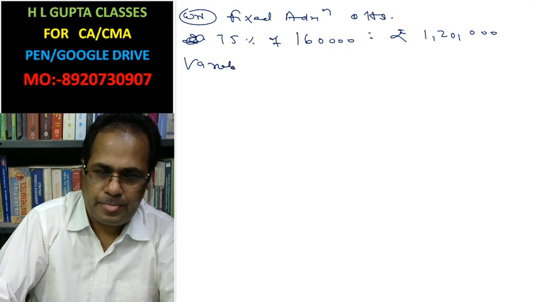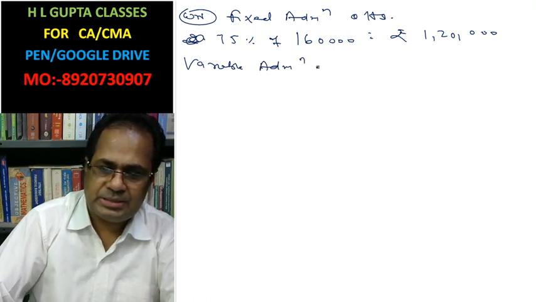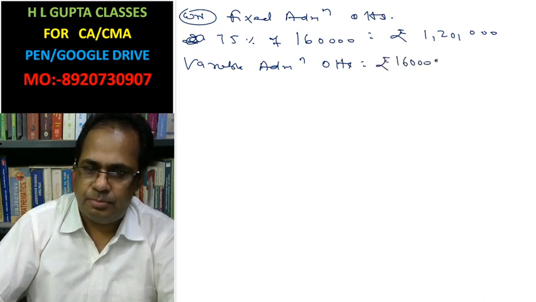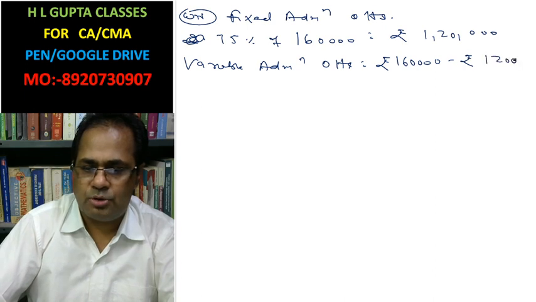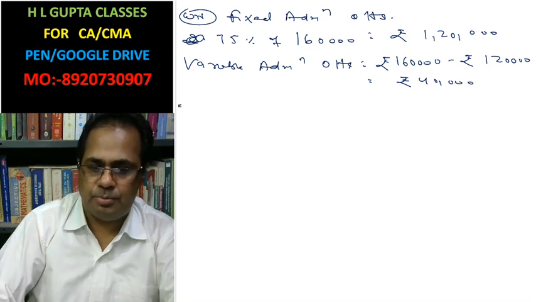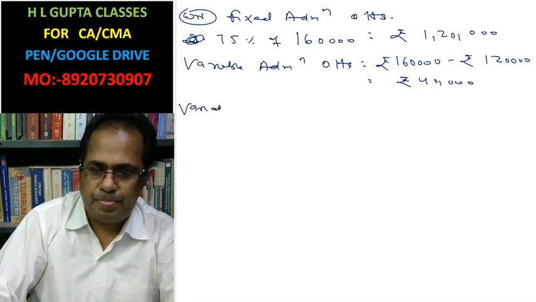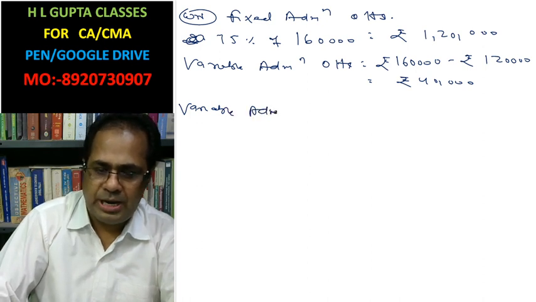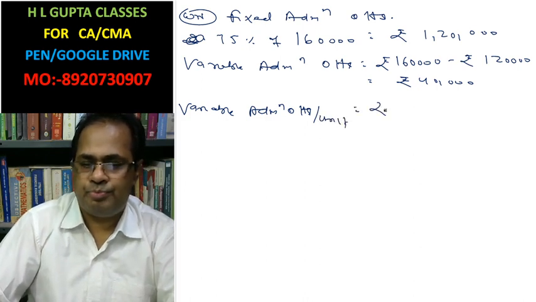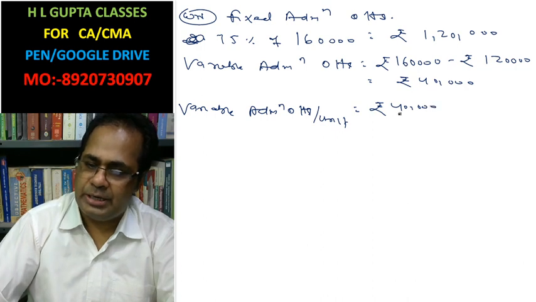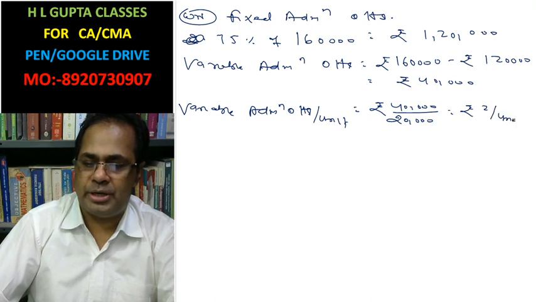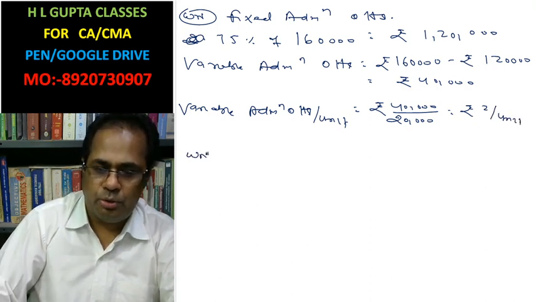Variable administrative overhead is 1,60,000 minus 1,20,000, rupees 40,000. Variable administrative overhead per unit: rupees 40,000 divided by 20,000 units production is rupees 2 per unit.